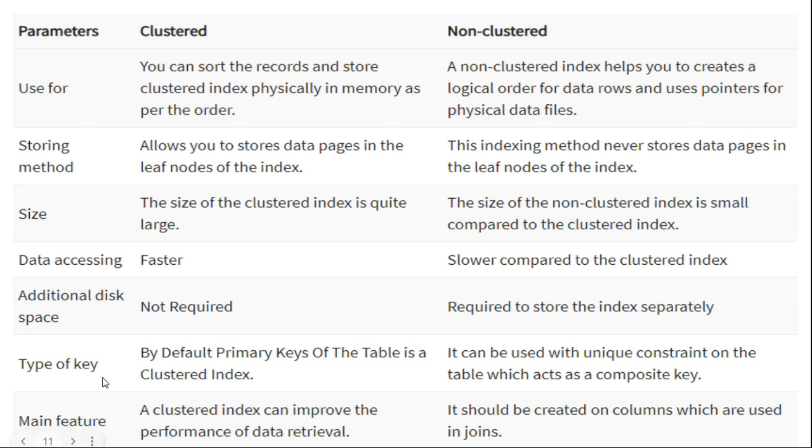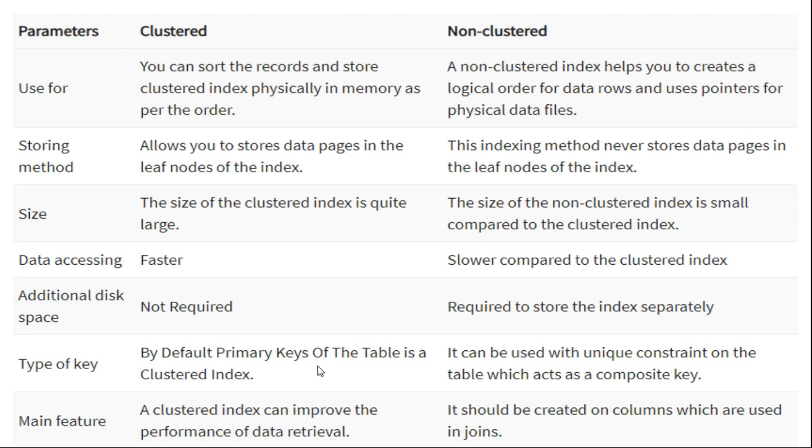Type of key: by default, the primary key of the table is the clustered index. It can be used with unique constraints on the table, which act as a composite key. Main feature: the clustered index can improve the performance of data retrieval. Non-clustered index should be created on columns which are used to join.